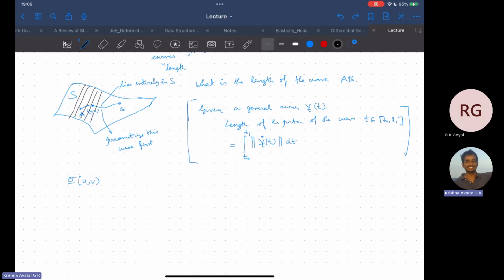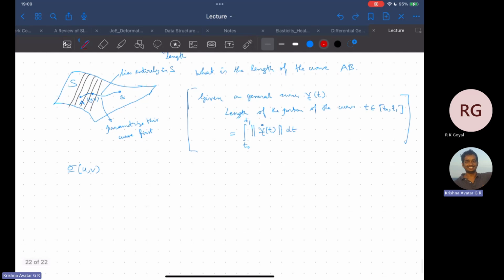So let me use a different color here. You see that it's not very straightforward to parameterize in terms of u and v, because at every point you have a different combination of u comma v, and all points on the curve lie on different coordinate lines. Which means that we cannot use this particular route, we cannot easily define it.